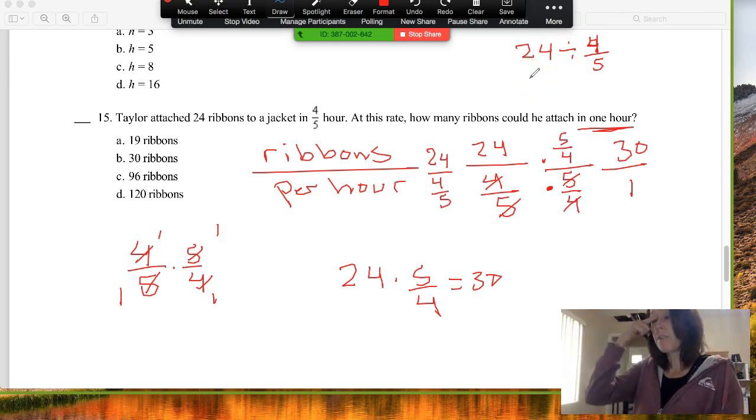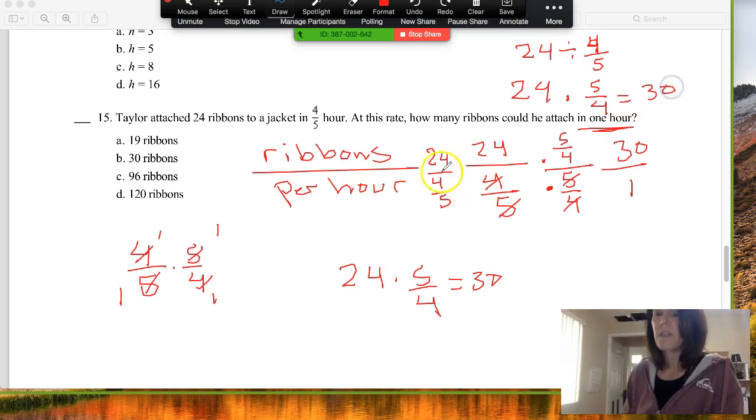Do you remember when you divide fractions, you keep the first, flip the second, and change the divide to multiply. So this is the same as 24 times 5/4. And we just did that. That is 30.